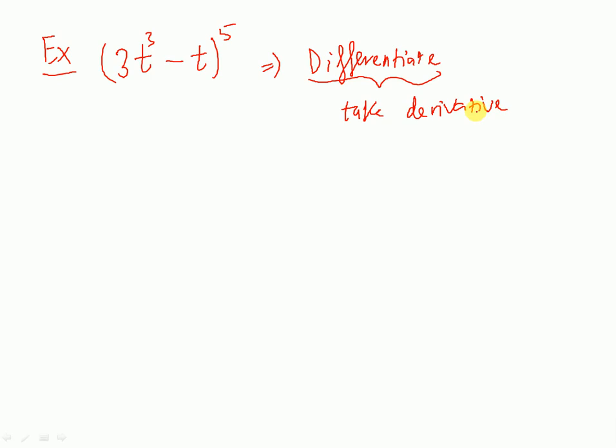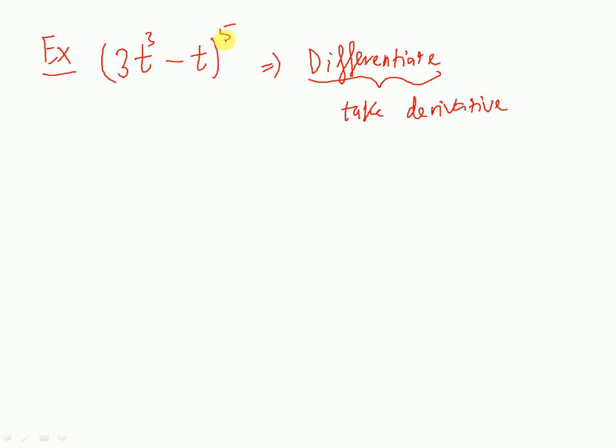Or differentiate, just the same thing as take the derivative. Now remember, in this case we are trying to take the derivative with respect to the variable t, right? Usually we have x, but the book uses t. So in this case we're taking the derivative with respect to t.